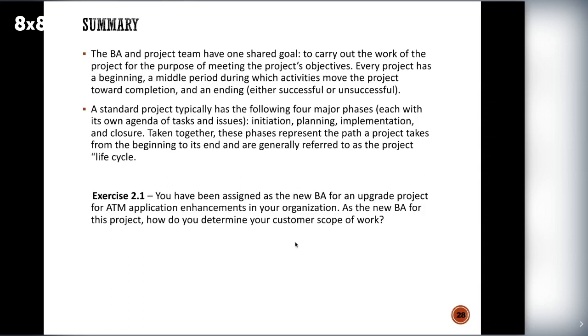You understand what they want by reaching out to the customers or the business, understanding what they want and their pain points. Because if you can't determine the customers, how are you going to determine the scope of work? So you determine the customers and the project sponsors, schedule a call with them, and understand what they want and their pain points. That's how you determine the scope of work.